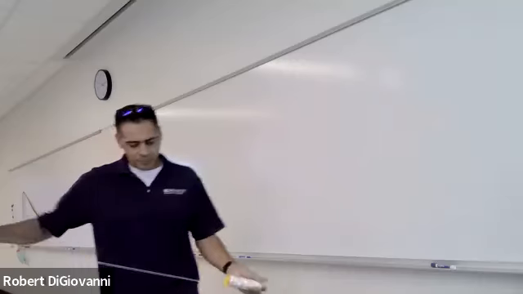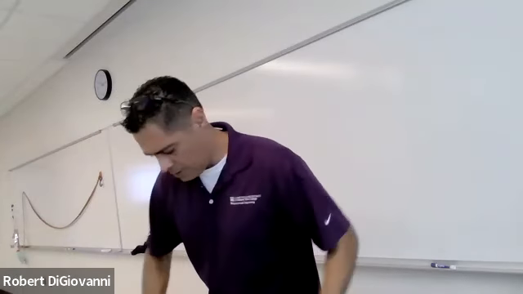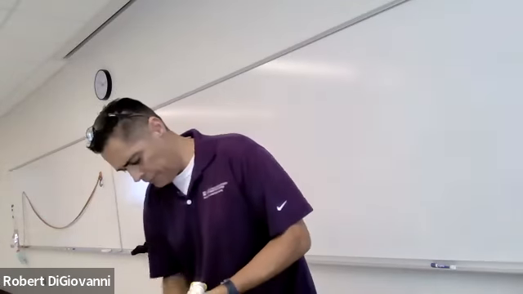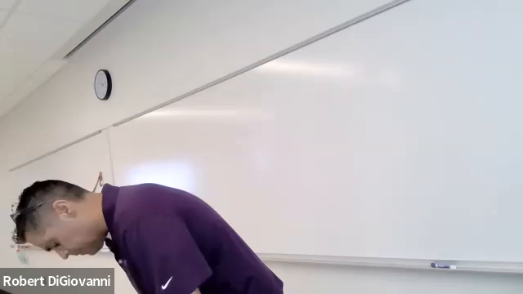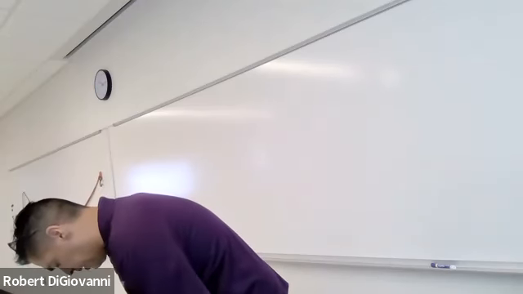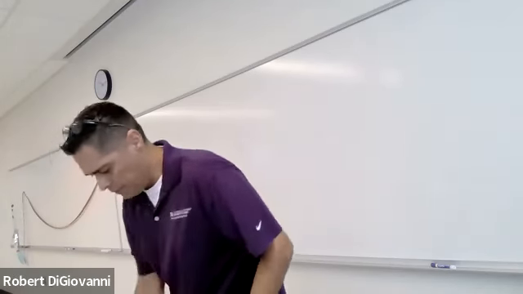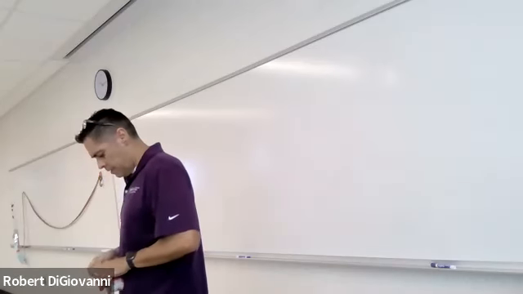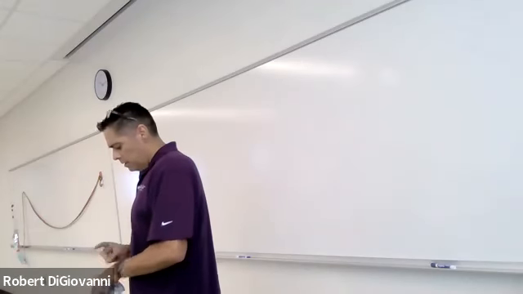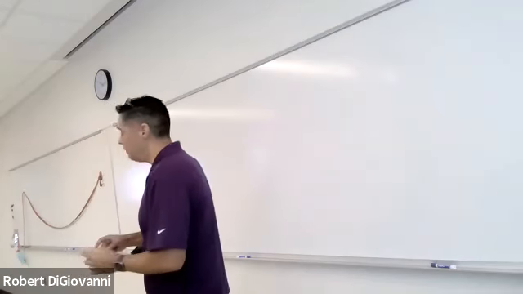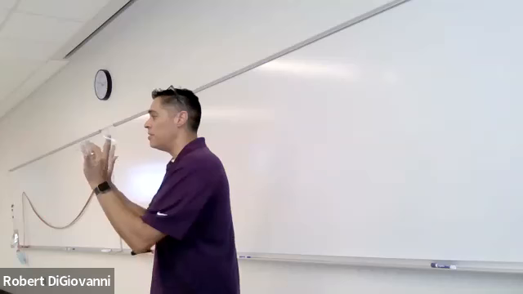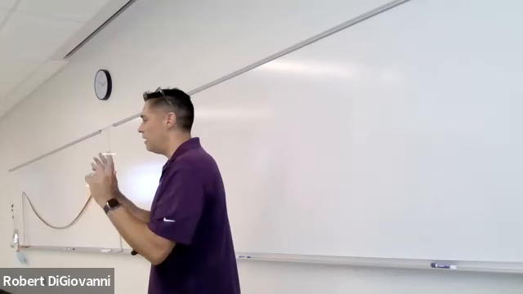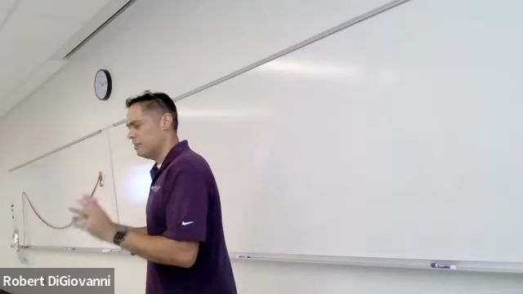I didn't try this before class, so I don't know how this is going to work. I don't want to waste too much time, but I'm going to hang this on the TV, and then I'm going to mess with Desmos and see if I can get a parabola to fit exactly over this thing. Does that make sense?